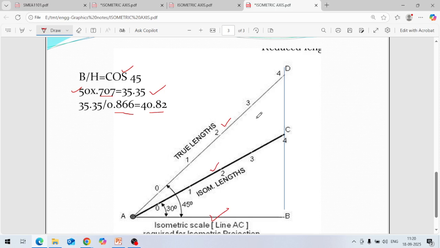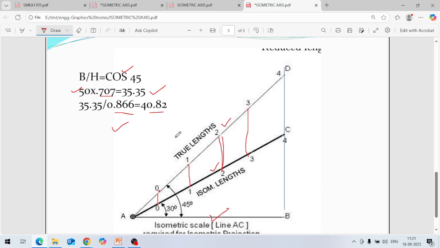If you match these points, 3 to 3, 2 with 2, if you draw vertical lines here, and match 1 with 1, 0 with 0, like this, and you calculate all the lengths like that and write down the values here, this will become your isometric scale.